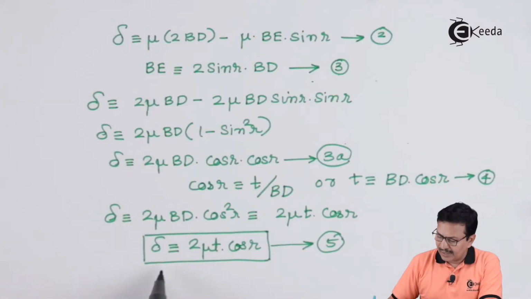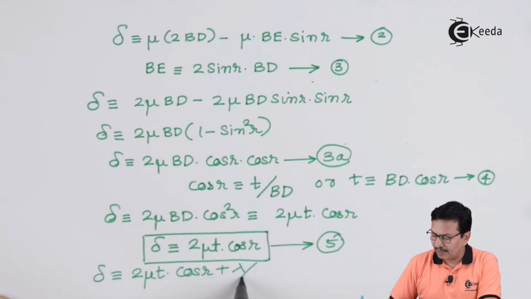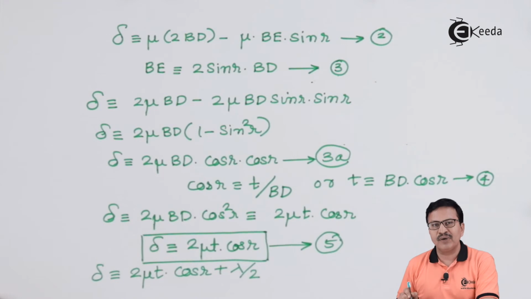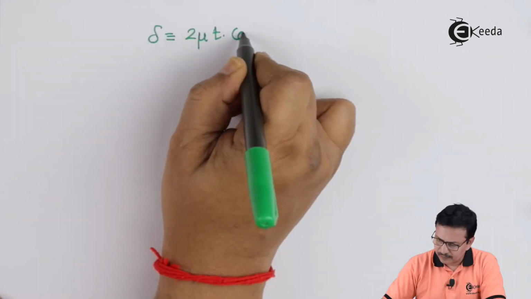Hence your delta is going to be equal to 2 mu t into cos of r plus lambda by 2. So this is your final expression for the path difference.